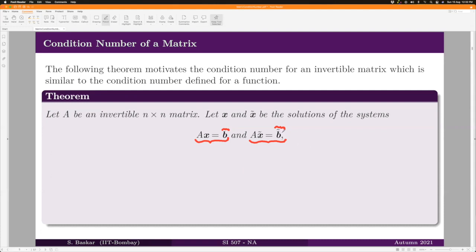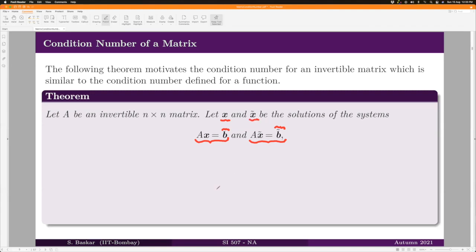That is, its components are not exactly the same, but very close to the components of b. That is what it means. Let the solution of the system with exact b be denoted by x, and the solution of the system with b tilde as right hand side be denoted by x tilde.